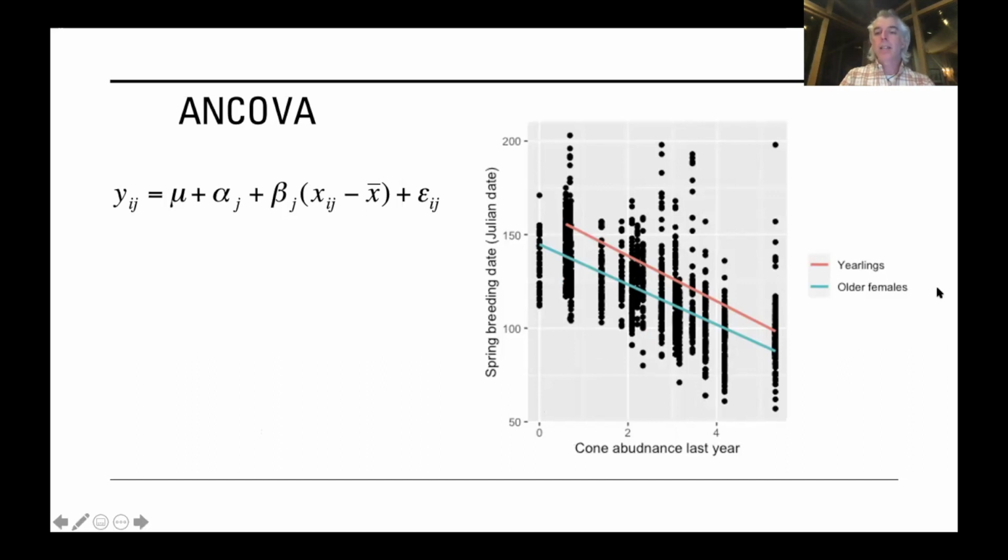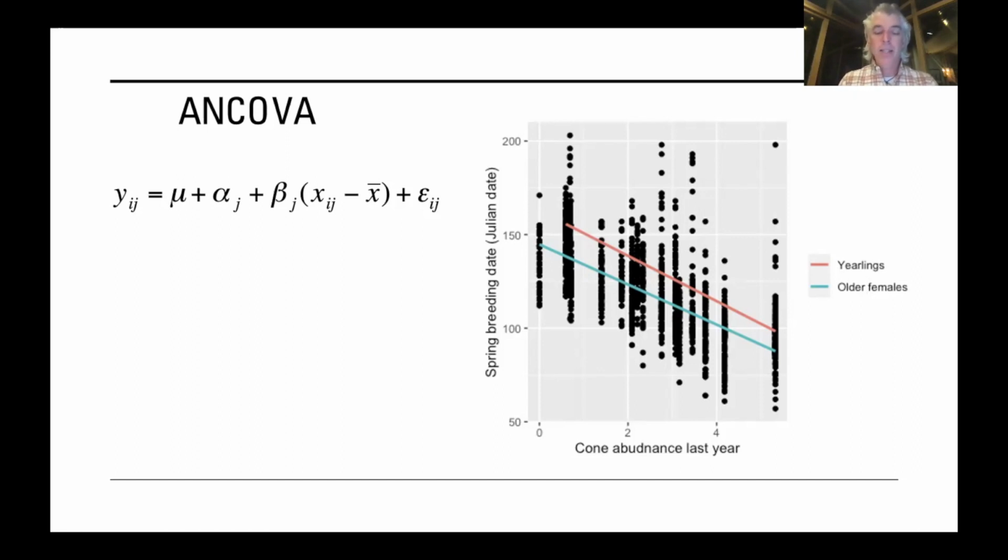Say, in this case, the differences in the timing of spring breeding between yearlings and older females, while controlling for some continuous covariate that is oftentimes a nuisance variable that we simply want to control for in order to test for our treatment or categorical effects.